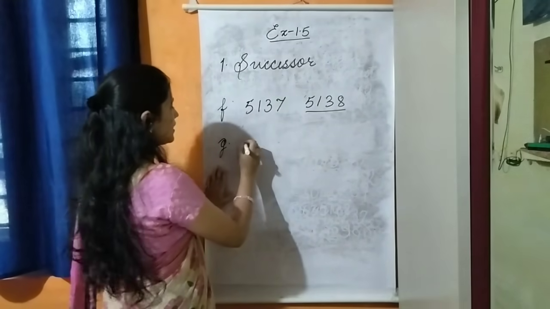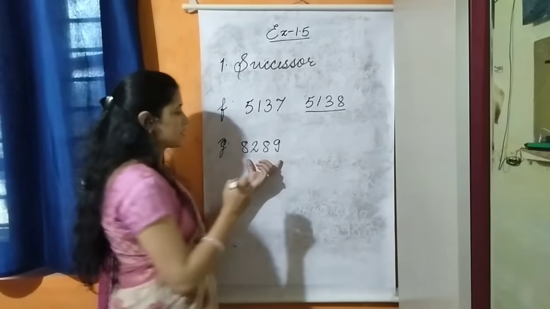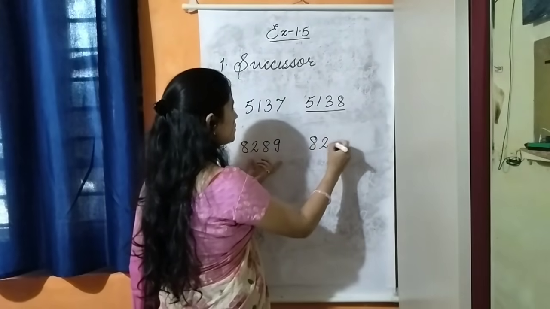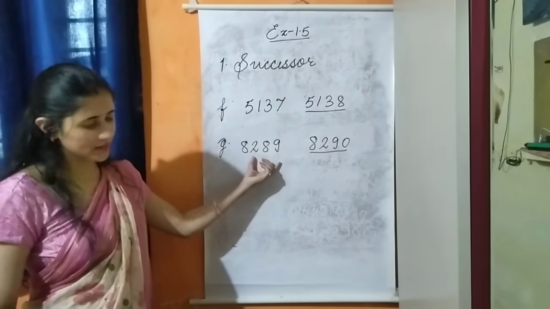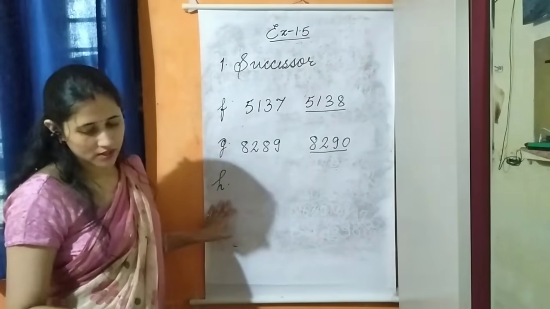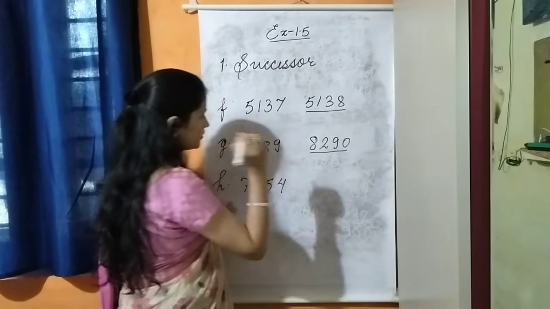G, 8289. The successor of 8289 will be 8290. H, 7054.